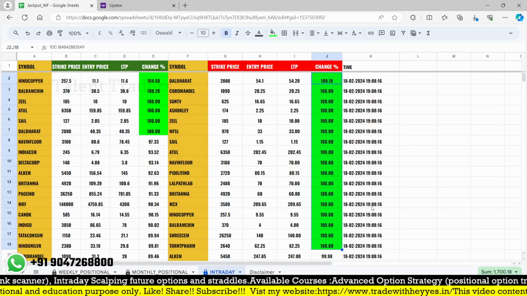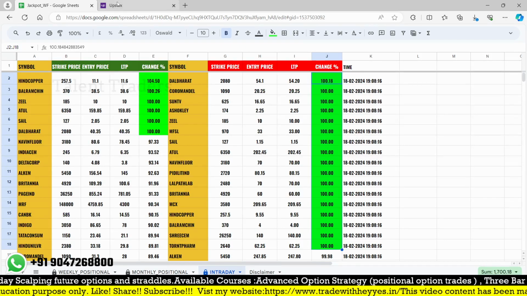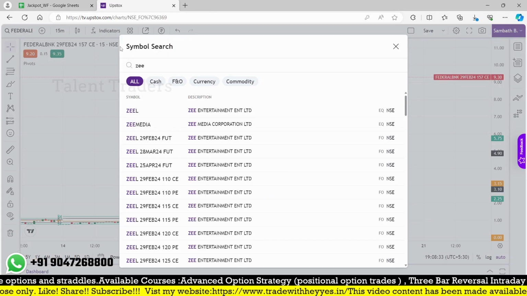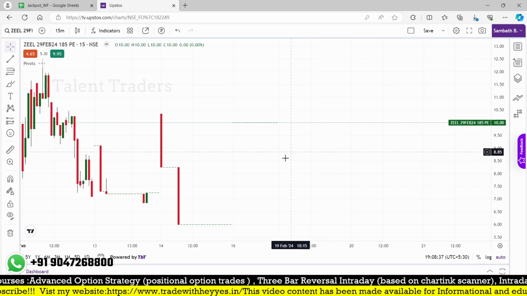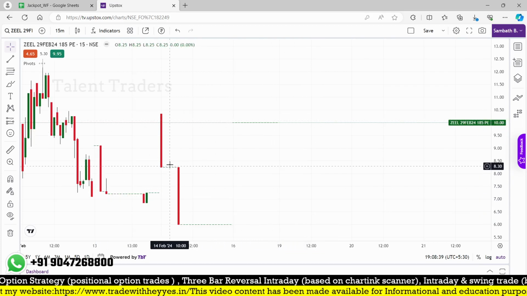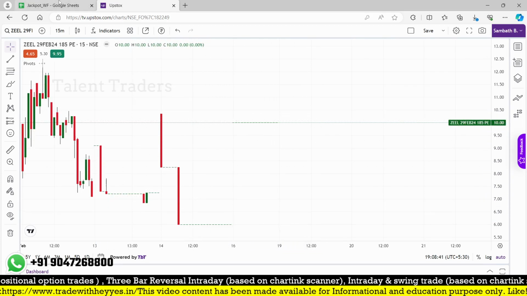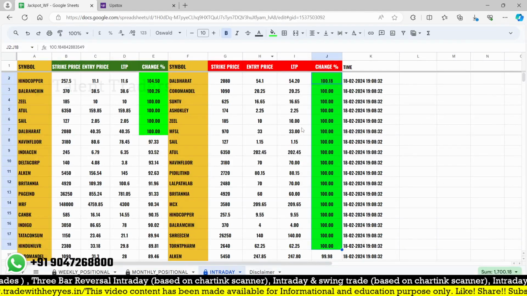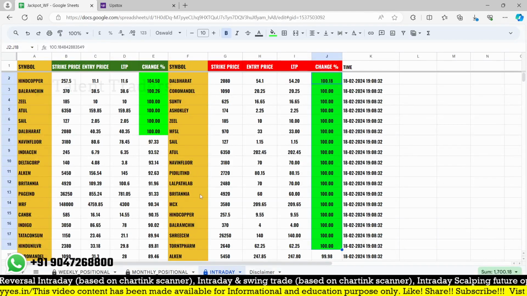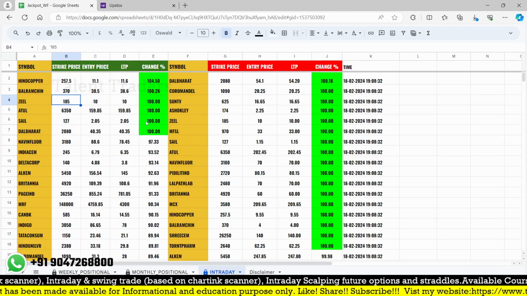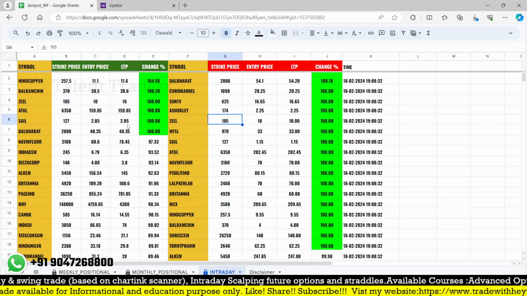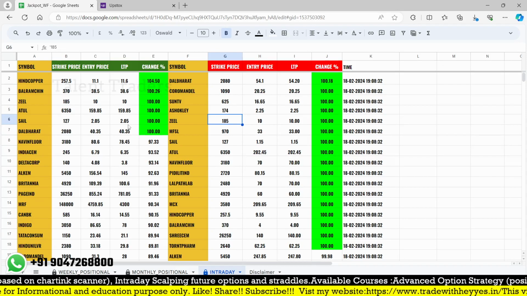These are all options that are not liquid. Let me show you with an example, ZEAL 185 put option. You can see there is no liquidity on this particular strike price. It is not traded well. So if any option shows you 100, simply ignore those stocks on Monday. Here you can see ZEAL put as well as call, both on the same side, not liquid.